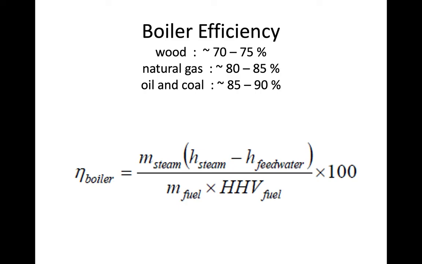From this equation, we can know that to calculate the boiler efficiency, we have to know the flow rate of steam, the flow rate of feed water, and the flow rate of fuel.